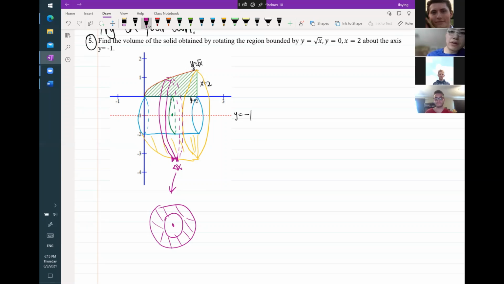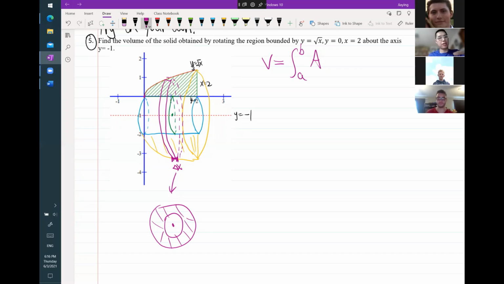So now we need to find the volume. If you recall, the volume using those slices is integrating from the boundaries, let's call it from a to b. So in this case, we're integrating from left to right. And then of the cross-sectional area from the slice, each slice that you take.